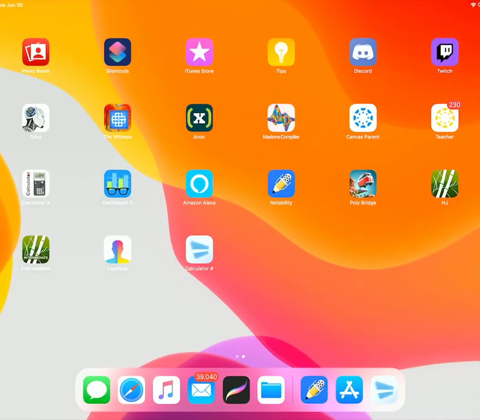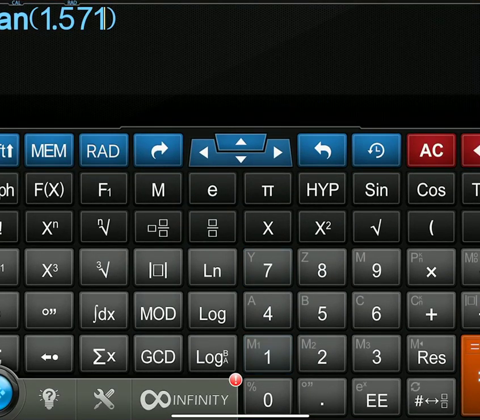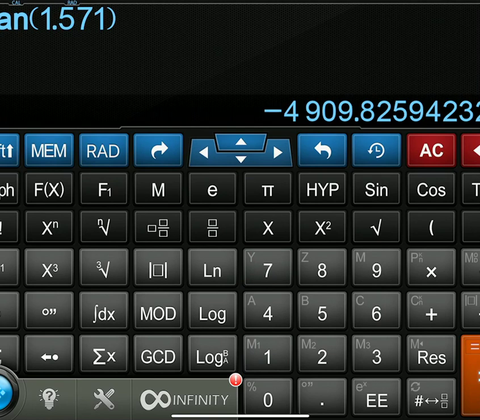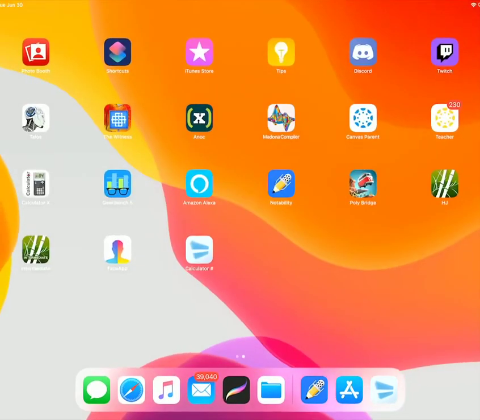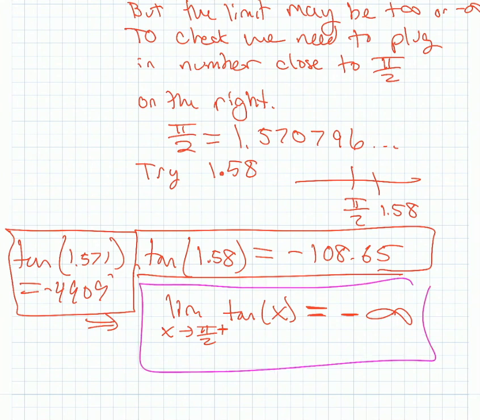Negative 4,909. Okay, so hopefully between those two values, you agree that the limit of tangent x as x goes to pi over 2 plus is negative infinity.